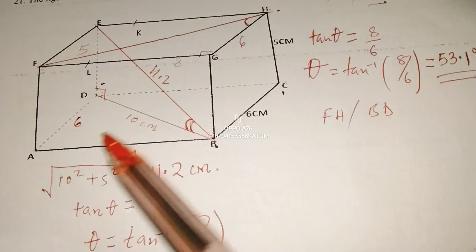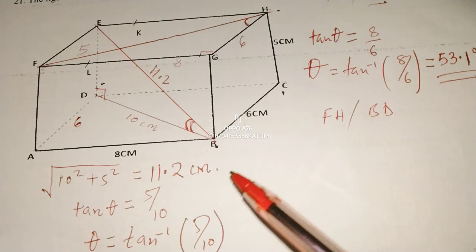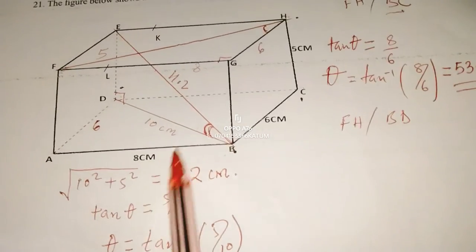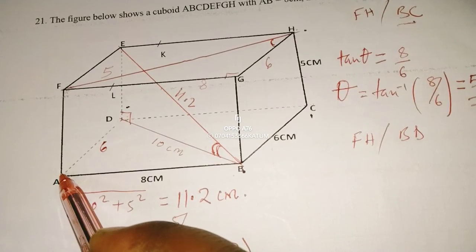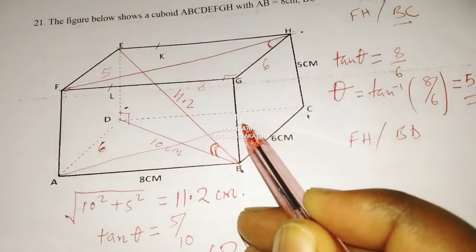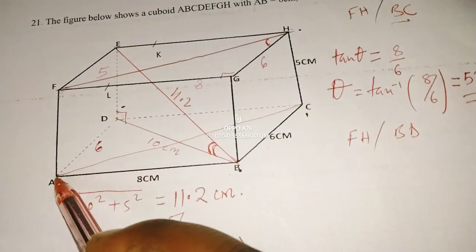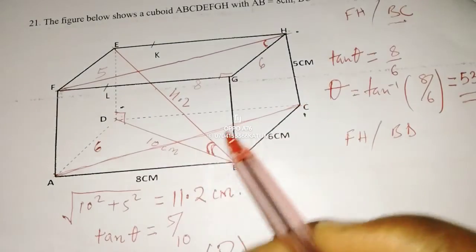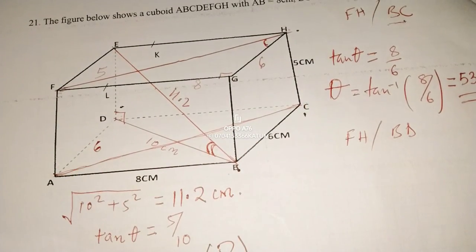So FH is on the top, but BD is at the base. So we can drop FH, and translating FH, it will become AC. So instead of FH, we use AC.